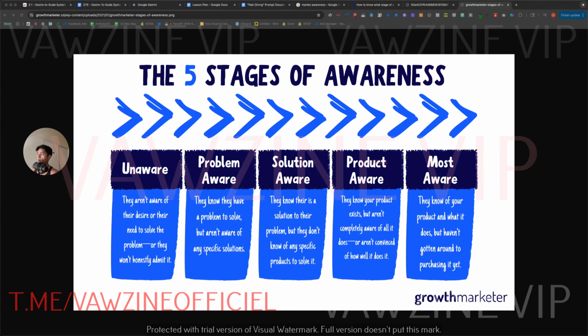And this is why this is the starting ground for our research, because before we write any piece of copy, we need to know, looking across the entire market, where the majority of our audience lies in terms of awareness level. Because we could write the best copy in the world, but if the majority of our audience is product aware and we write to them like they are problem aware, it's not going to work.